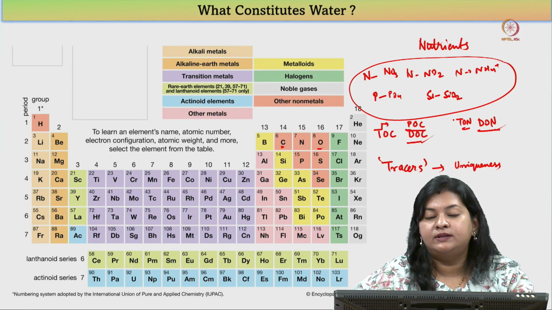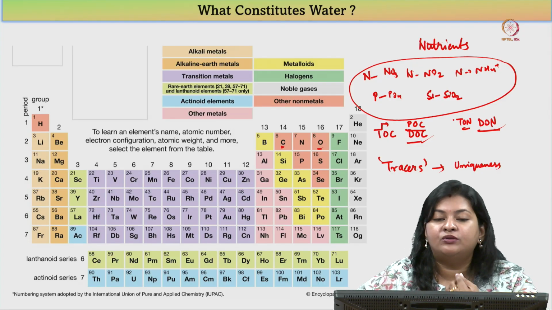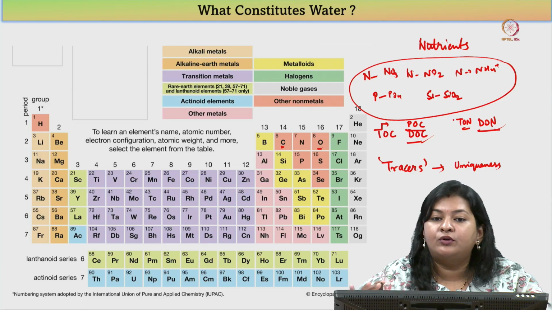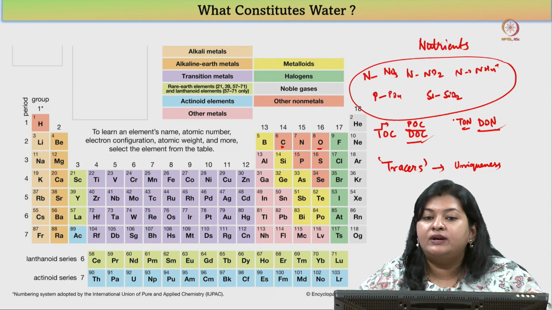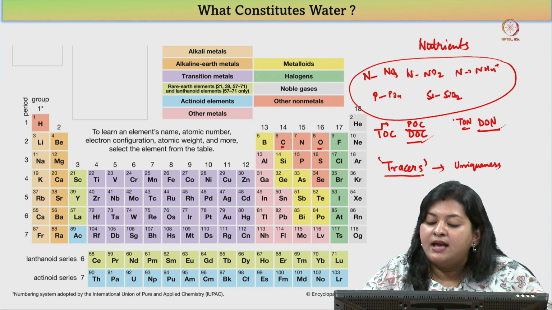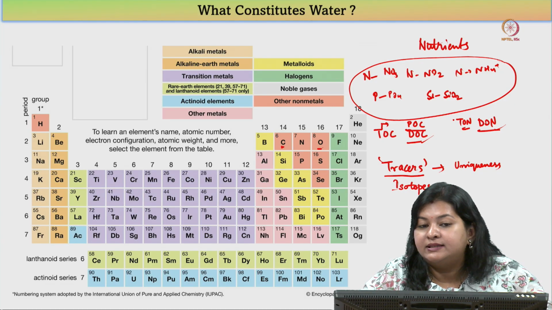Otherwise, if the value is the same or overlapping, how will you know whether it is process X and not process Y? Okay. So, for different processes, the tracers have to be unique, and mostly we find that isotopes are great tracers. Okay. Isotopes work great as tracers. What are isotopes?